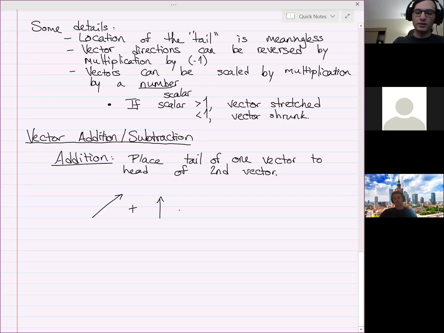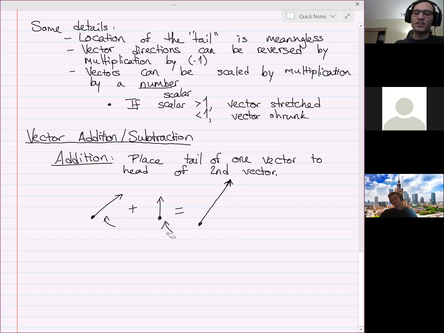Well, we take the tail of this one and add it to the head of that one. Actually, I think I can do this by dragging and dropping. Let's do this the right way. So we take that and we slap this one on top. And our new vector is the vector that goes from the tail of the first one to the head of the second one. So our new vector looks like that. So that's how you do vector addition.